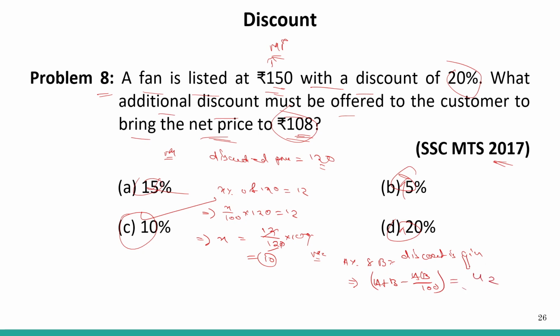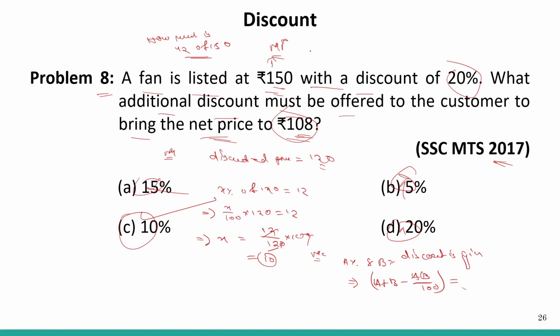Okay, so we want the equivalent percentage to be this much, because the difference, that is how much is 42 of 150. Okay, this is what we want to calculate, right? So 42 of 150 is equal to what? So the difference is 42, right?